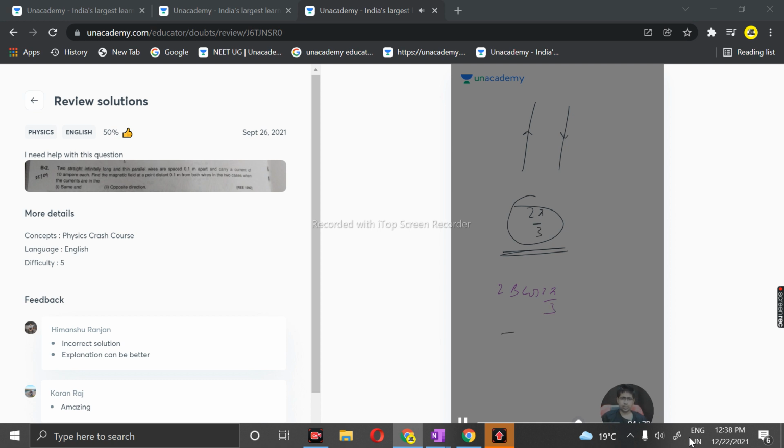So it is minus of B, meaning minus 2 into 10 raised to the power minus 5 Tesla. So this is the answer. These are the two answers which we are getting right here. That's how we can solve such a type of question easily.